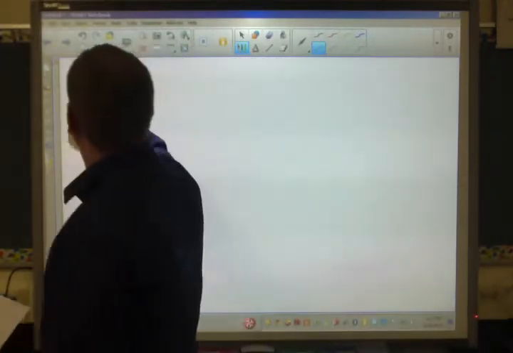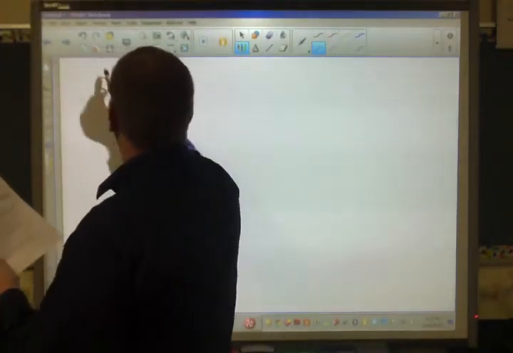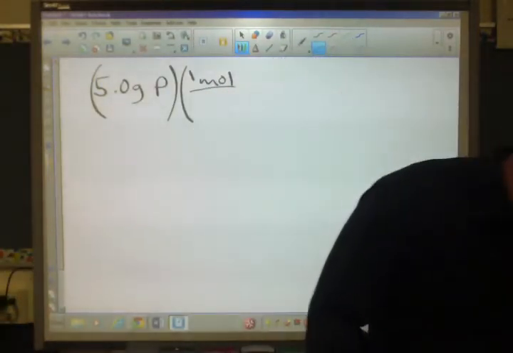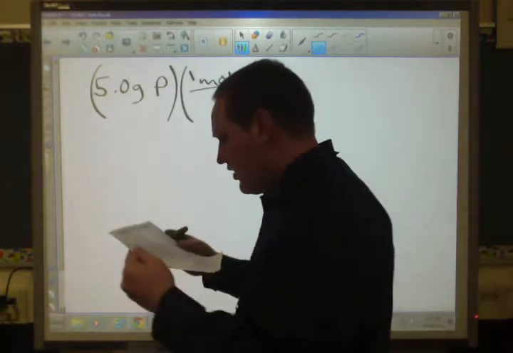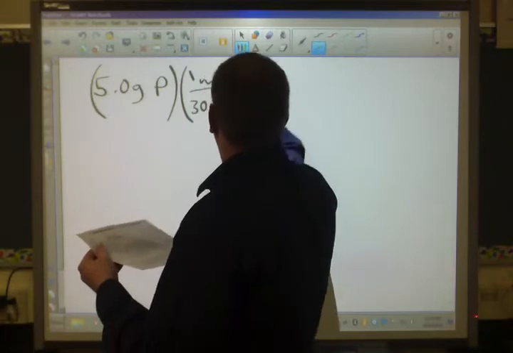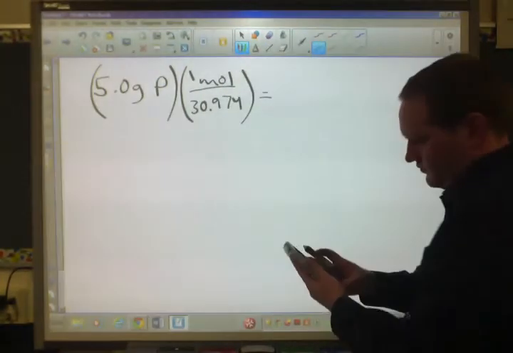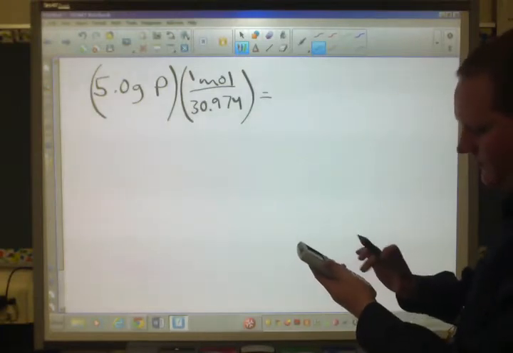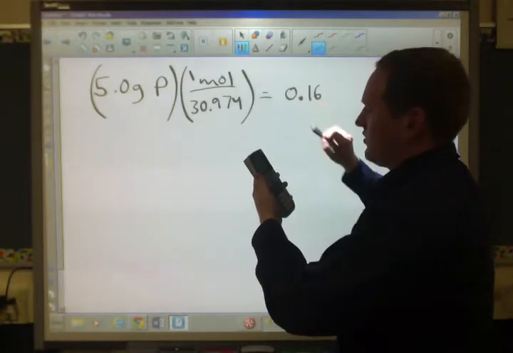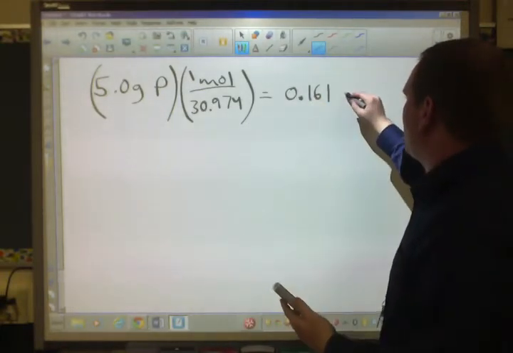So 5.0 grams of phosphorus times 1 mole of phosphorus over 30.974 equals 0.161. I'll go an extra sig fig just to keep it precise.